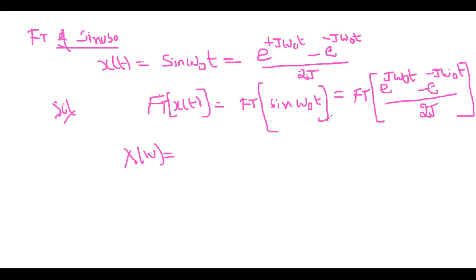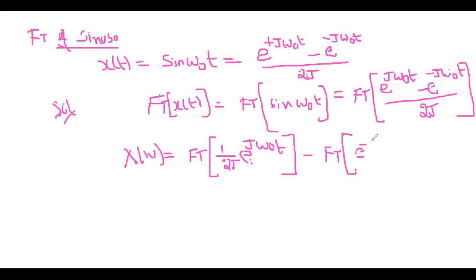X of omega is equal to, rewrite this function as a Fourier transformation of the first function, 1 by 2j e power j omega naught t as one Fourier transformation, minus the Fourier transformation of e power minus j omega naught t by 2j.